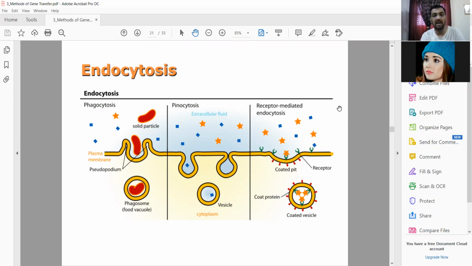The last is receptor-mediated endocytosis, in which particles available in the extracellular fluid attach to a specific receptor, and then endocytosis takes place and coated vesicles are formed, and the genetic material is transferred into the cytoplasm. From the cytoplasm, lysosomes degrade it, and the genetic material is released and moves to the nucleus.